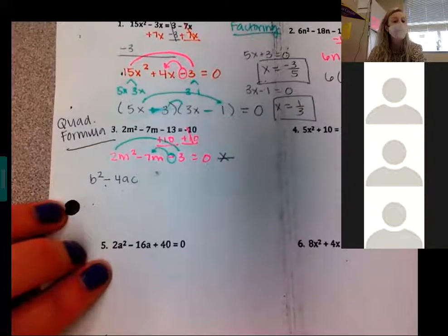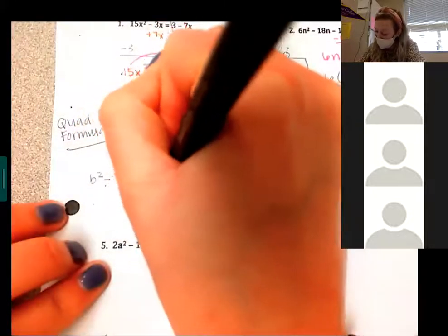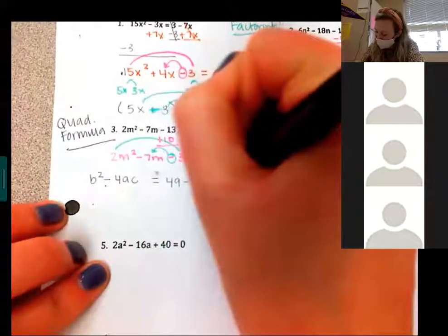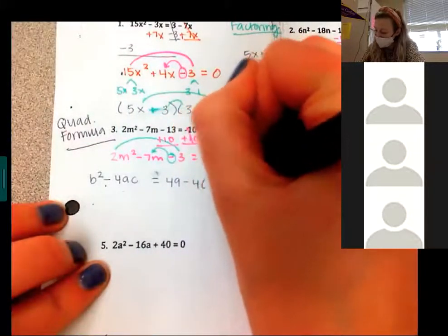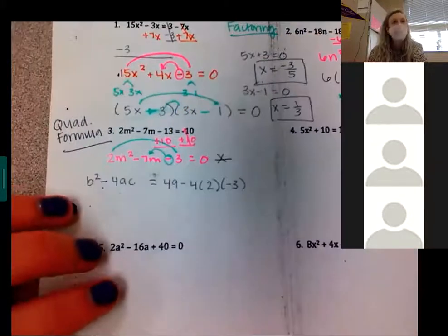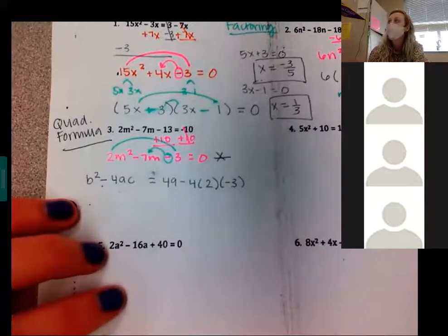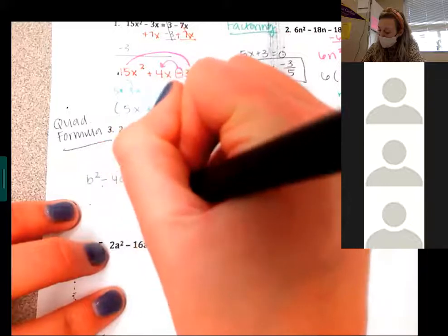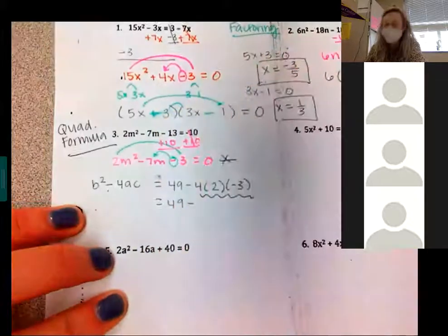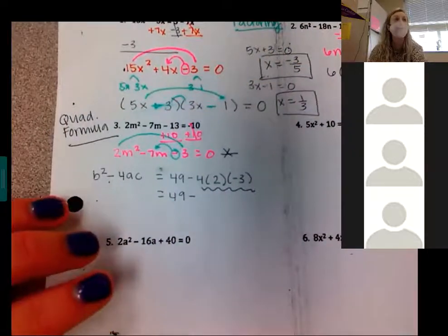What's B squared going to give me? 49 minus 4. Do y'all agree that A is 2? And the C is -3? Everybody okay there? Okay. I copy down the 49 minus and then just look at these because the ADHD is real and I will mess up a sign.